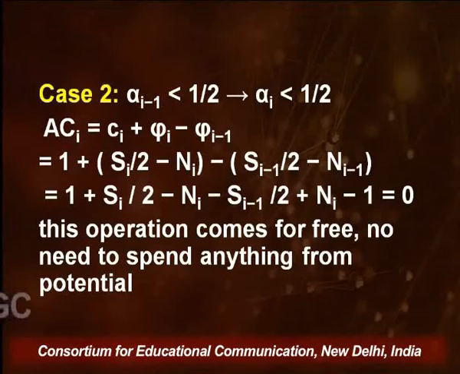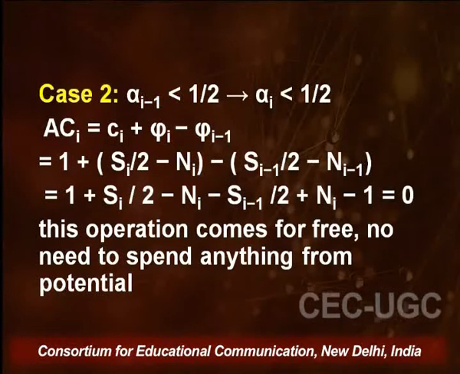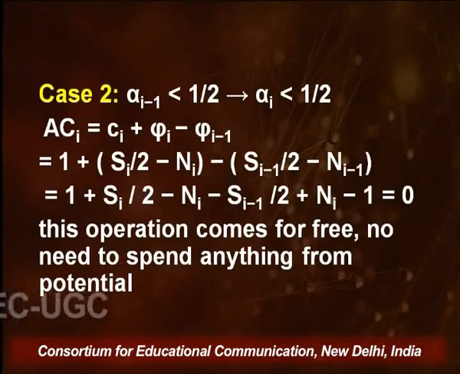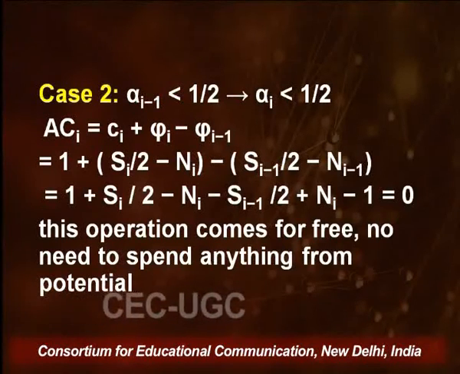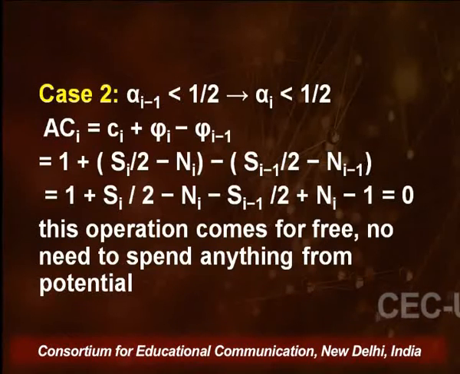So now we have 1 for the actual cost, s_i by 2 minus n_i for phi i, then minus of s of i minus 1 by 2 plus n_i minus 1 for the term phi i minus 1. So here is a simple calculation.